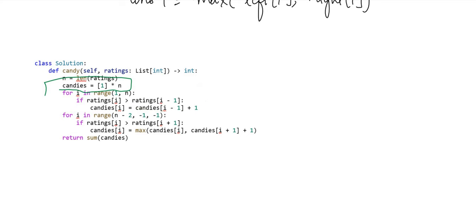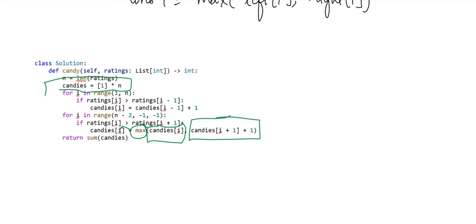And then instead of taking a new right array, see, this left pass is already done, and this is where we are incrementing the right pass. So we can simply find the max of two values and store it in the same array. Rather than taking a different right array and then finding maximum, we are doing that step in one go.